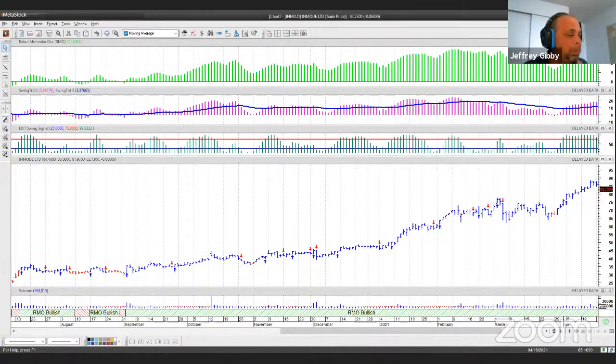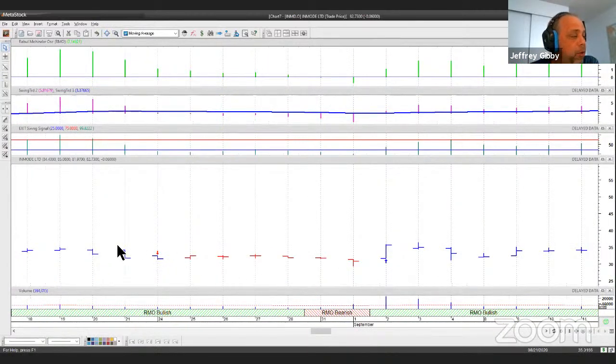Anyway, let's say that we started looking at this right here. Let's zoom in a little bit here. Let's say we started looking right here, just for fun. We're bullish long-term, we're bullish short-term with the blue bar. We have that change of direction, which gave us a sell signal here.